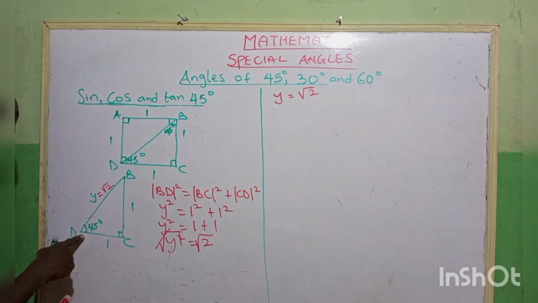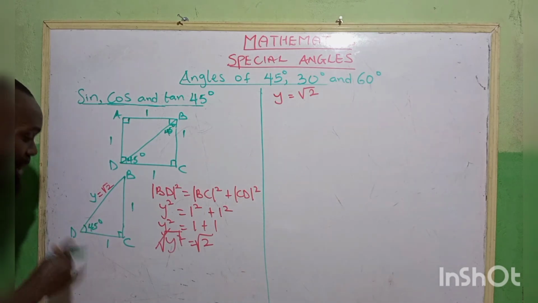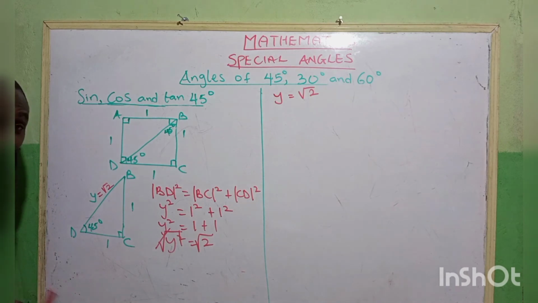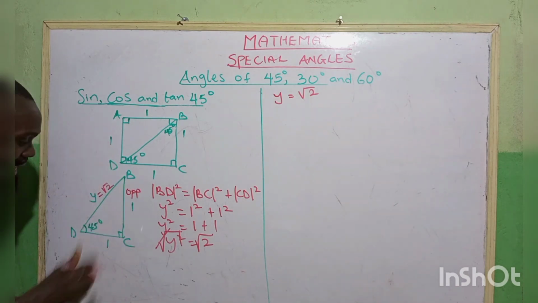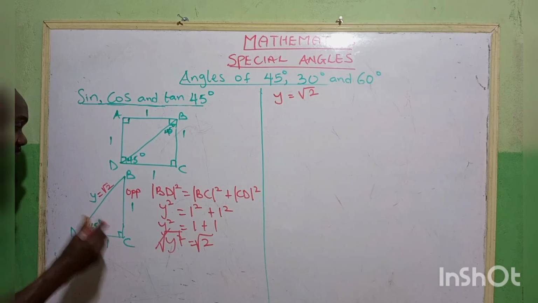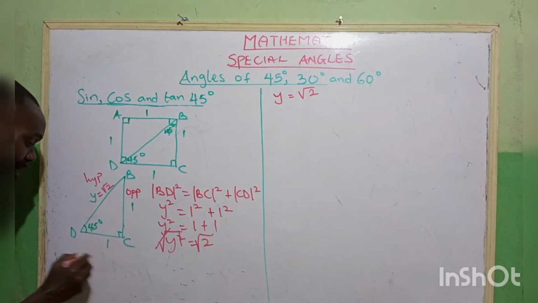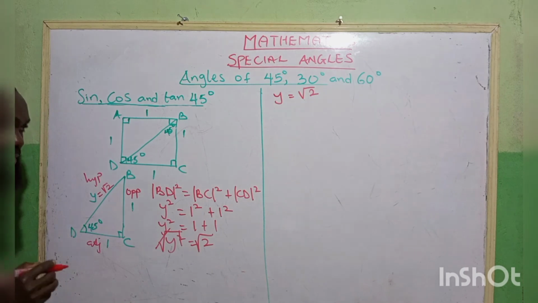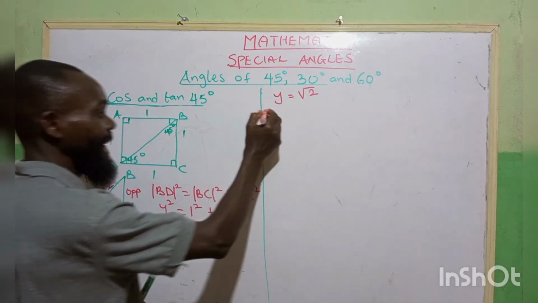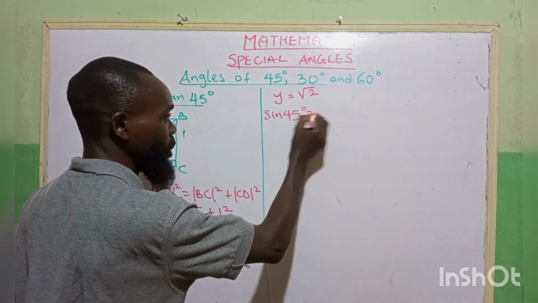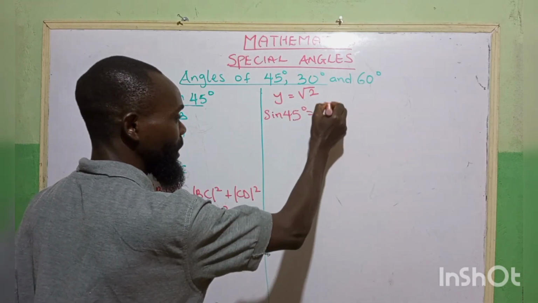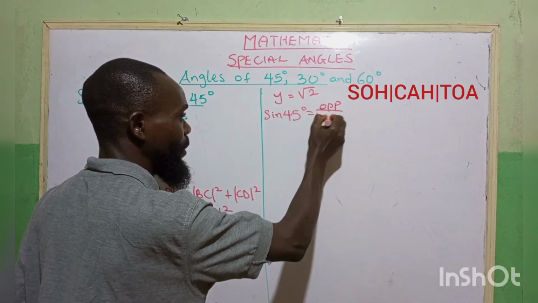So if this is my angle now, then anywhere facing this angle is our what? Is our opposite. So this is my opposite. Any side facing this box 90 is your hypotenuse, while the remaining side is your adjacent. Let us now prove sine 45 degree equals, so that means opposite over hypotenuse.